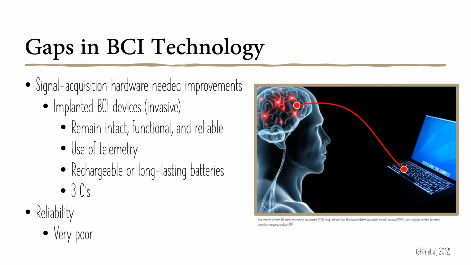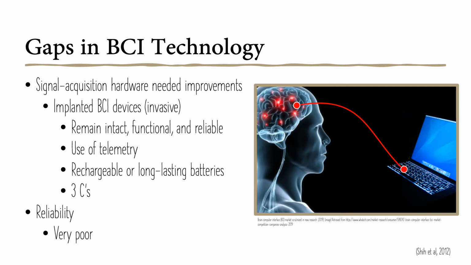To improve signal acquisition hardware in invasive devices, which includes electrode array systems that are surgically put into your brain, since they're so new, there's a lot of improvement needed. They need to remain intact, functional, and reliable.